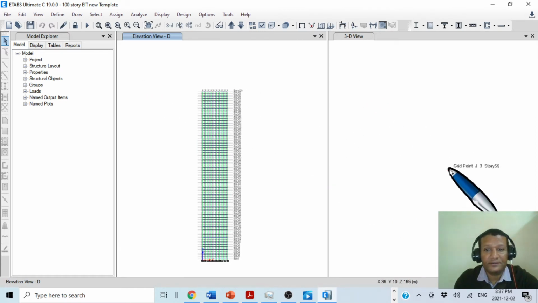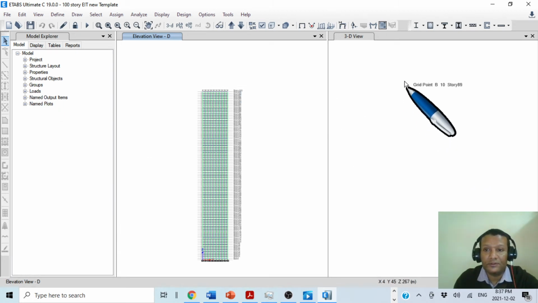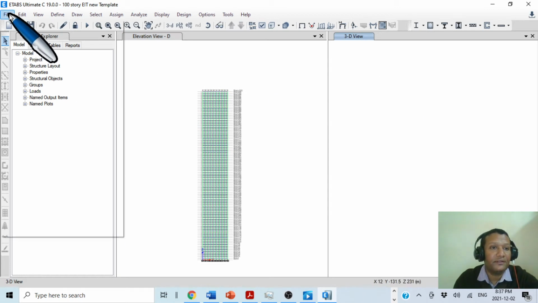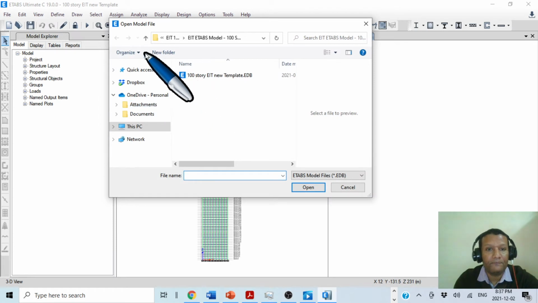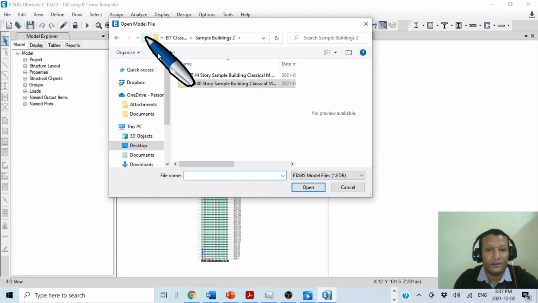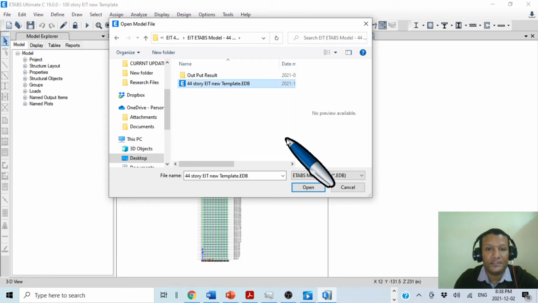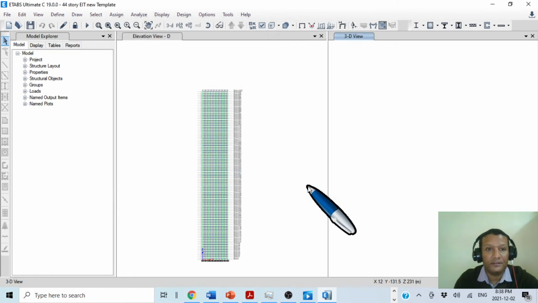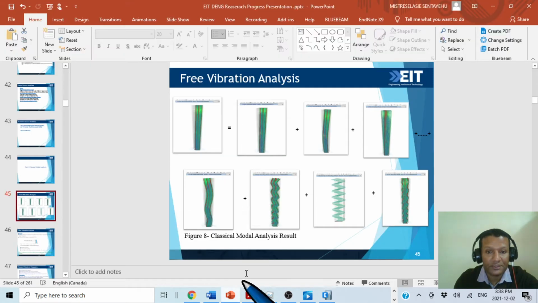I think the 100 will take a lot of time, so let me open it. Just for demonstration purpose, I will show you the result. This is the 44-story building. Both are there. Okay, let's go back to here until it opens.